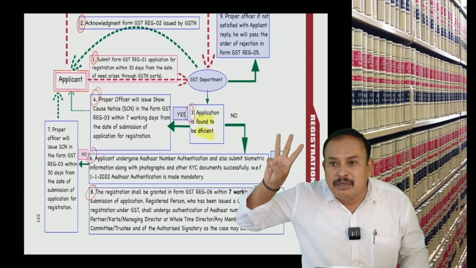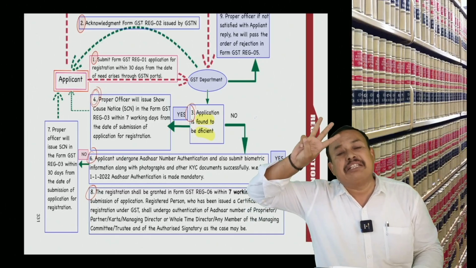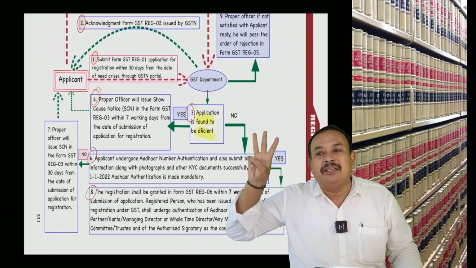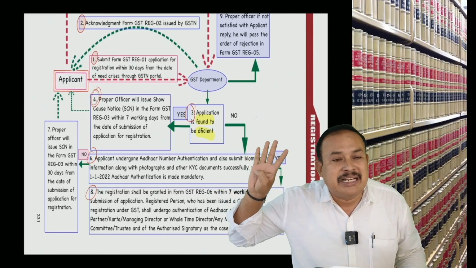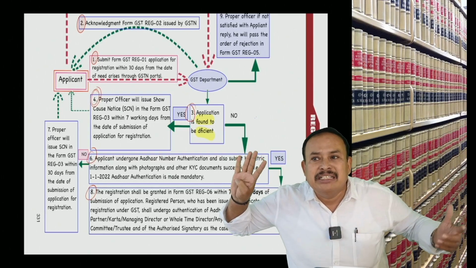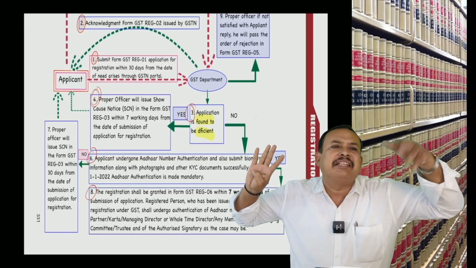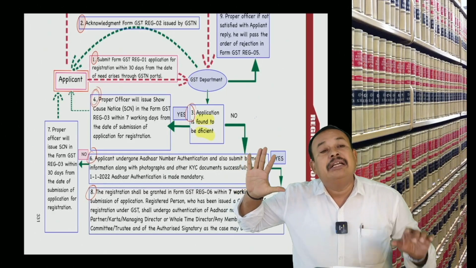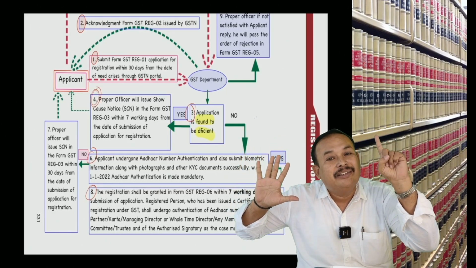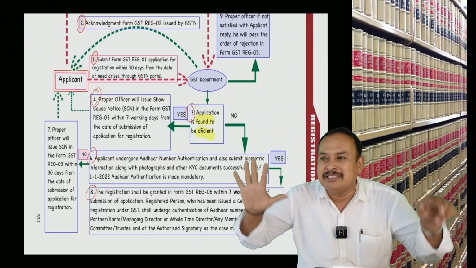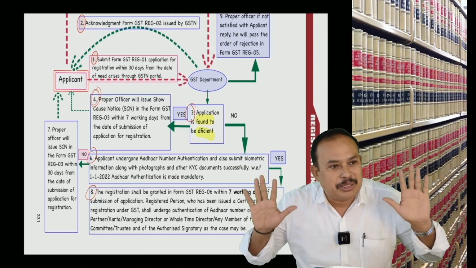Where Aadhaar authentication has not taken place or physical verification is required, 30 days. You have to reply within 7 working days in Form GST REG 04. If not satisfied, the department will pass the order rejecting your application in Form GST REG 05. If they are satisfied, REG 06, the certificate of registration. Is that clear? That is the process.